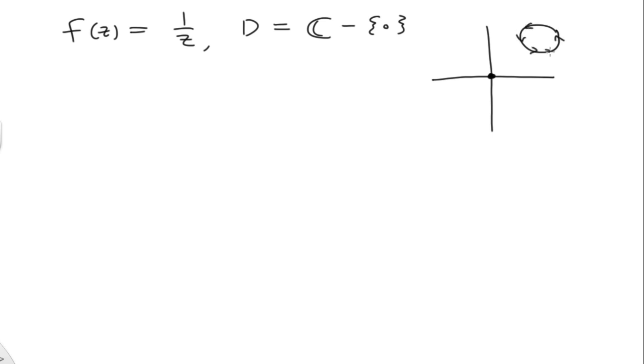I can draw that around, and of course that's enclosing points that are entirely in the domain. But if I draw a contour that goes around the origin, I am enclosing a point that's not in the domain of analyticity. And so I say D is not simply connected in this case.